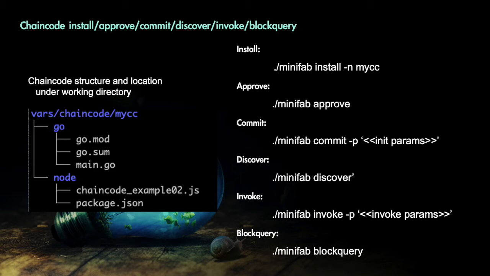If the approve command returns with no errors, you can commit and initialize the chaincode by running the commit command. One important thing you will have to remember to do is to give the correct chaincode initialization parameters. Normally, your initialization and invocation will require multiple parameters based on your own chaincode.